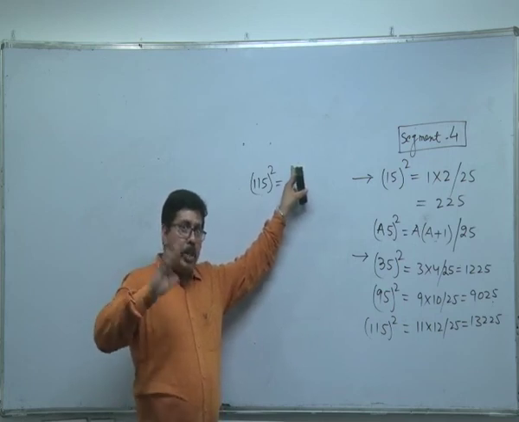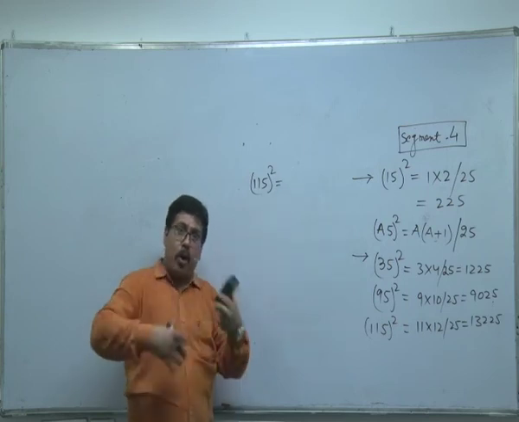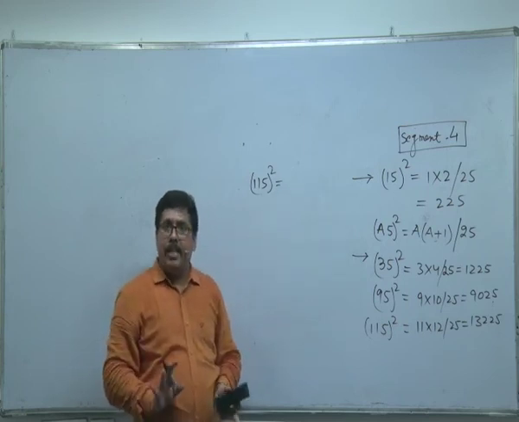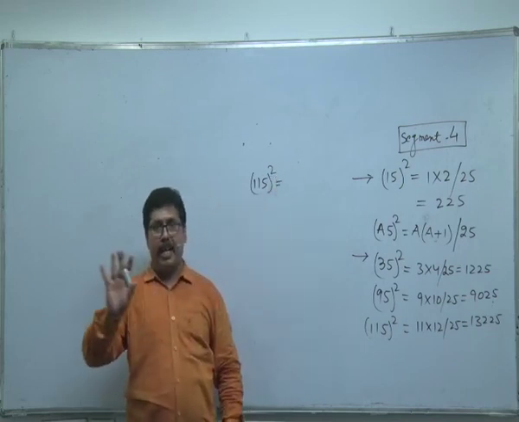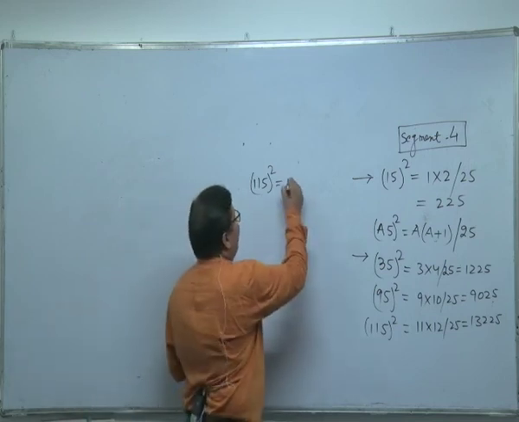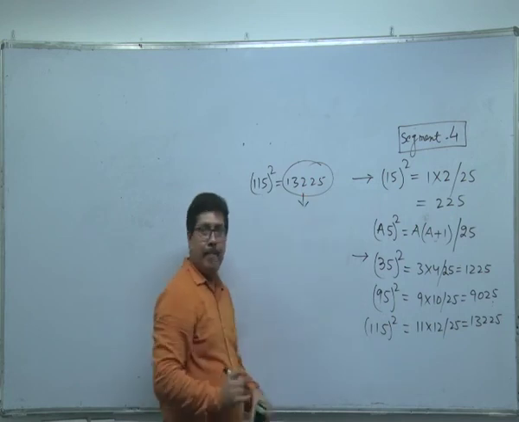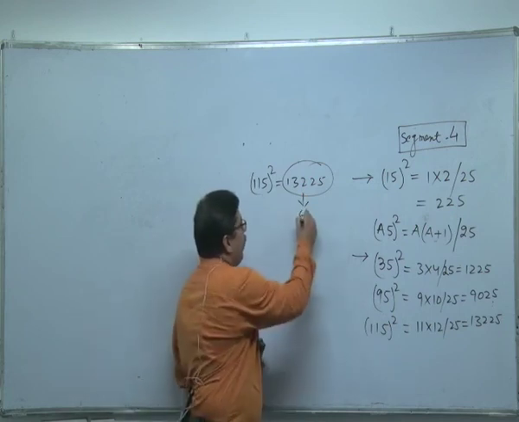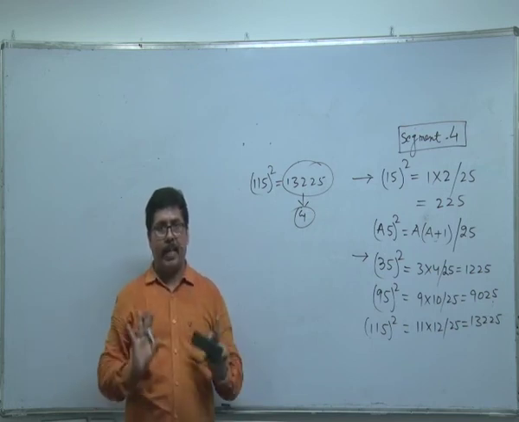If you want to cross check your answer, then you are supposed to calculate the square of the digit sum. So 7 square is 49, which is eventually 4. So 13225 is nothing but 4. It means our calculation is perfectly fine, perfectly correct.